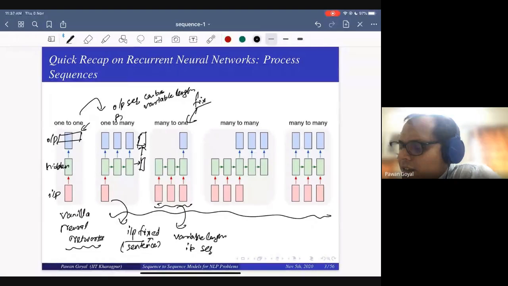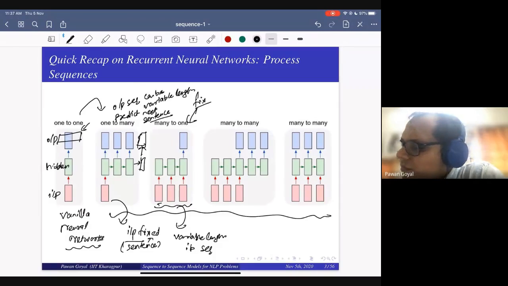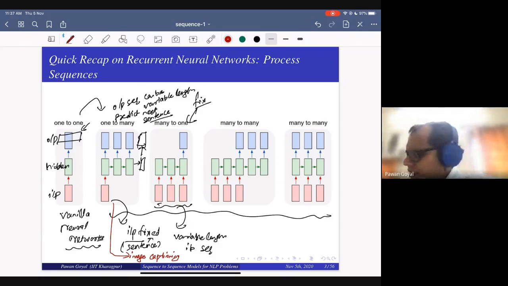A more natural application of this is image captioning. Image is a fixed dimension input, but you want to generate a caption that can be of variable length.